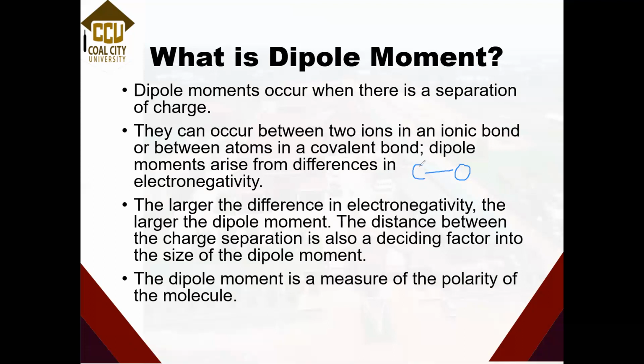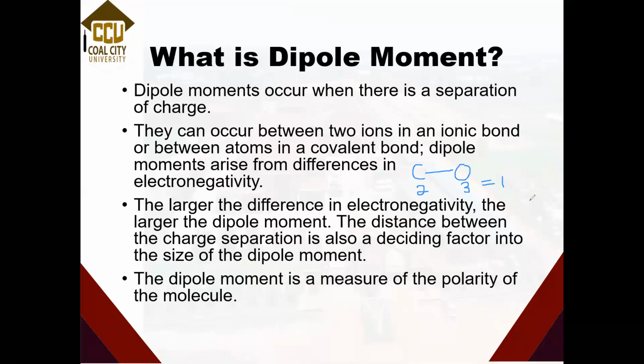Because oxygen comes after carbon across the period, oxygen will have a higher electronegativity. Let me put, for instance, that the electronegativity of oxygen is 3 and the electronegativity of carbon is 1.5, or let's approximate it and say 2. So the electronegativity difference in carbon monoxide would be 3 minus 2, which is 1.